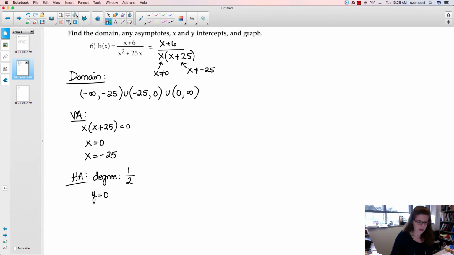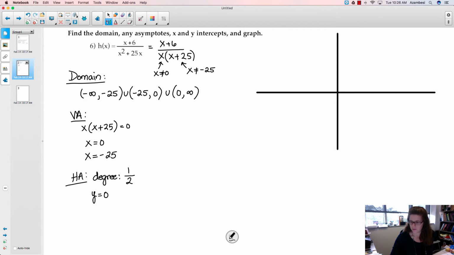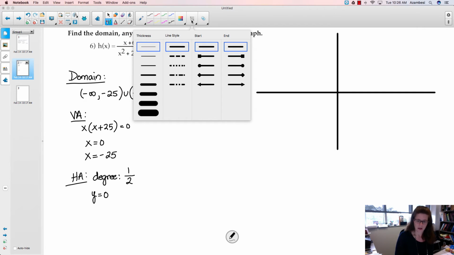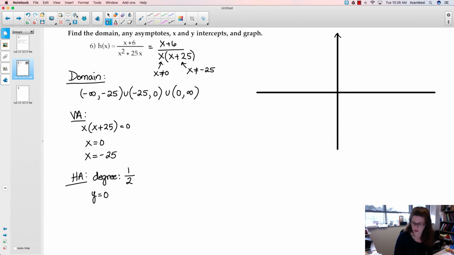All right, I'm going to make a little graph in order to see what we have so far. I think it's pretty cool. Working through this, I've got an asymptote line at x is equal to negative 25, so I need my scale to be pretty big.